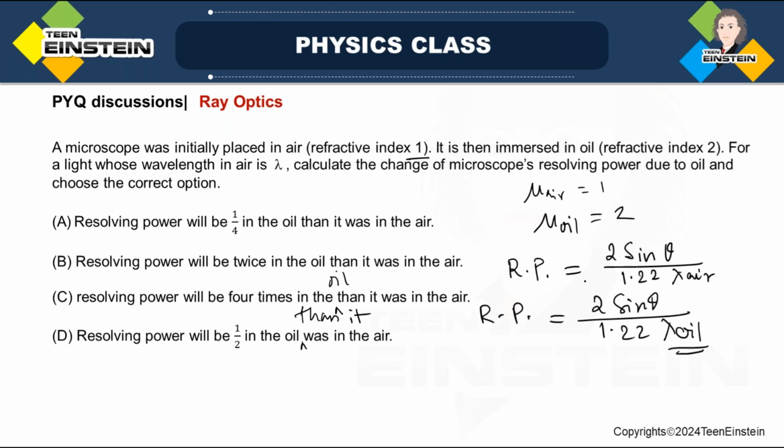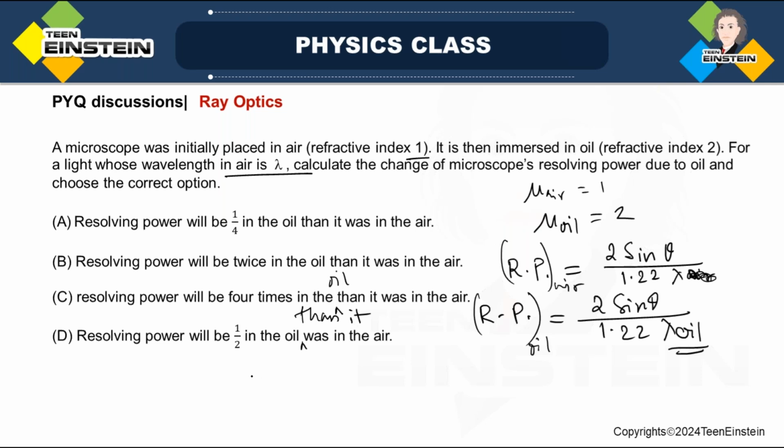So lambda air is actually lambda. It is given, the wavelength of light in air is lambda. So we can write that as lambda itself. This is in air. I have to find lambda in oil. What are the things given? The refractive index.